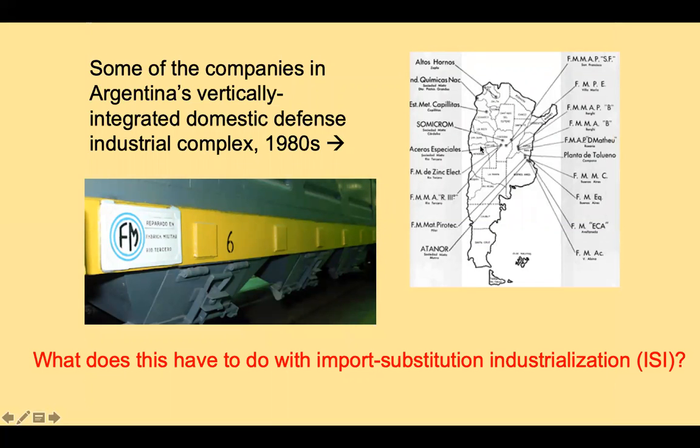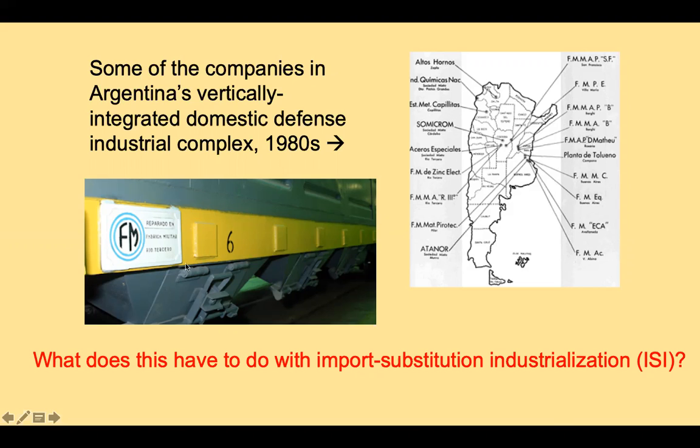If you go to Argentina, you can see images like this. This is a map that shows you just a handful of the companies in Argentina's vertically integrated domestic defense industry. Basically, in that country, the military owned several dozen large enterprises that were concentrated in the public sector, in defense, petrochemicals, steel, and the entire production process was embedded and rolled into this vertically integrated defense industry.